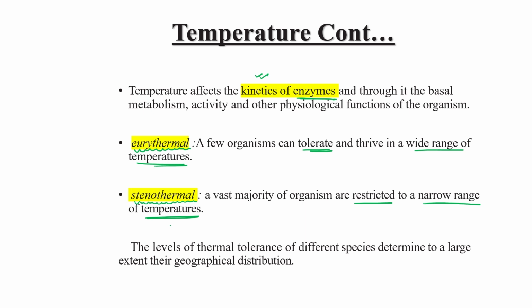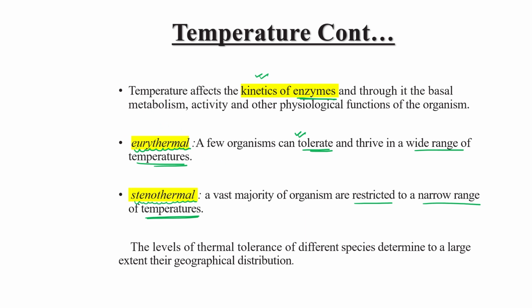That type of organism goes into a hibernation condition or estivation condition, because for their survival they require a very narrow range of temperature, for their survival, for their reproduction and other things. So all the organisms which are able to tolerate a wide range of temperature come under the eurythermal category.